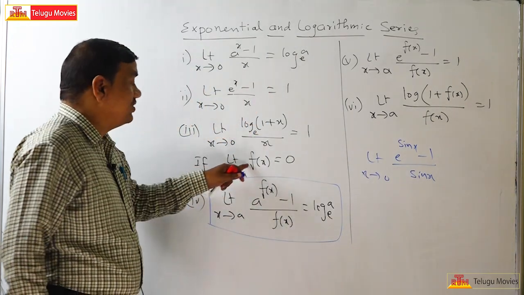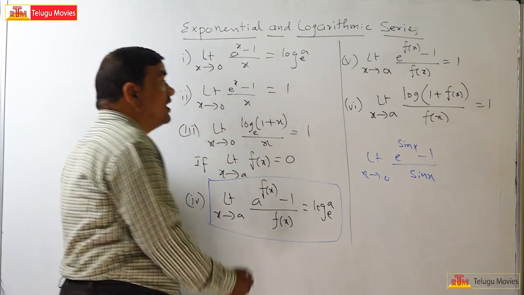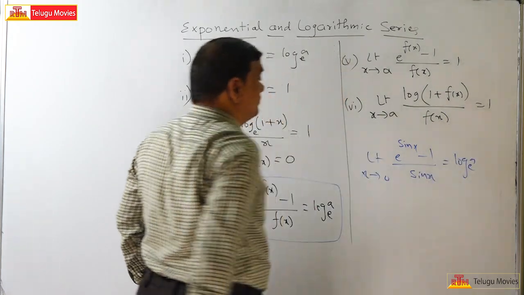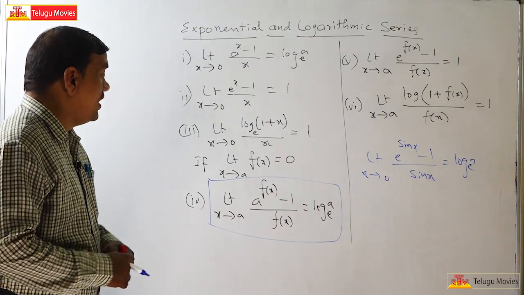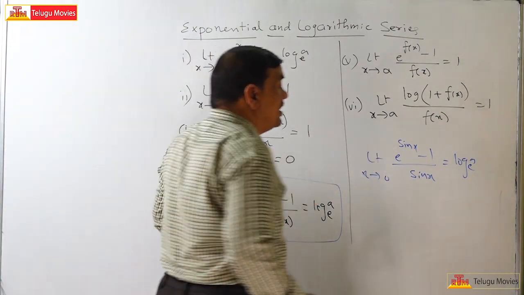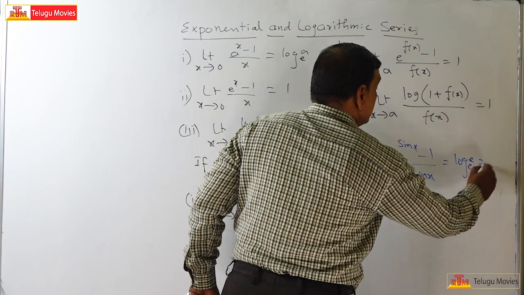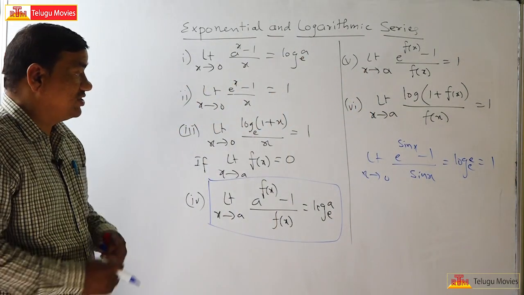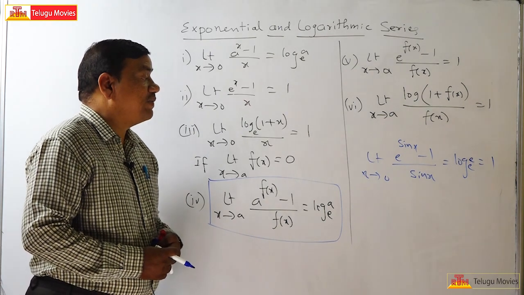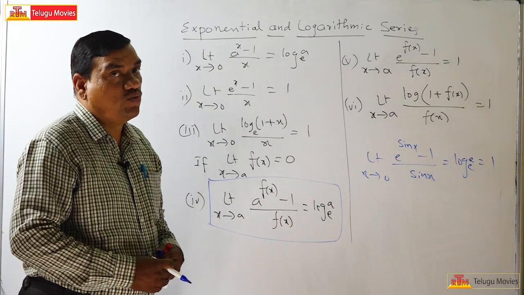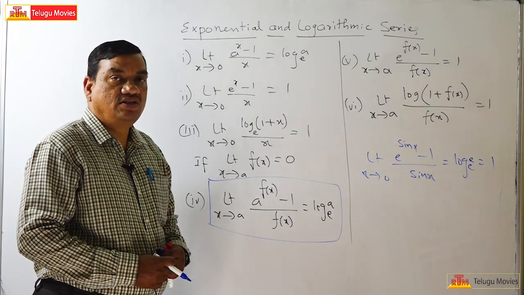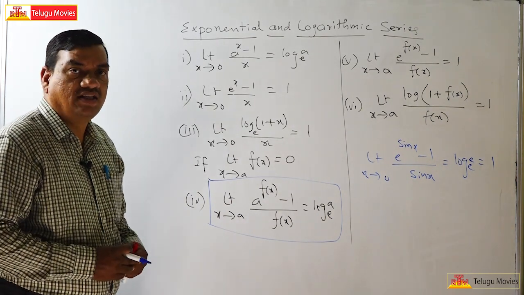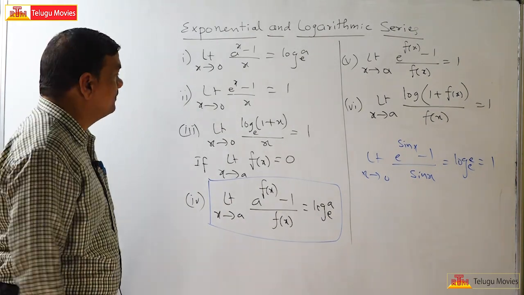So limit x tends to a, f(x) is equal to 0, then we can simply write it as log a to the base e. Here log e to the base e is equal to 1. So the value of limit x tends to 0, (e^sin x - 1)/sin x is simply 1. So we can create any number of bits like that.